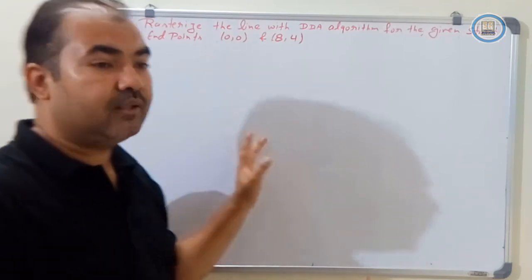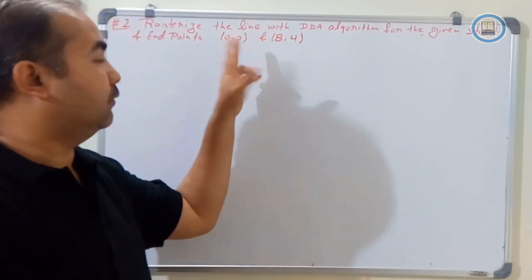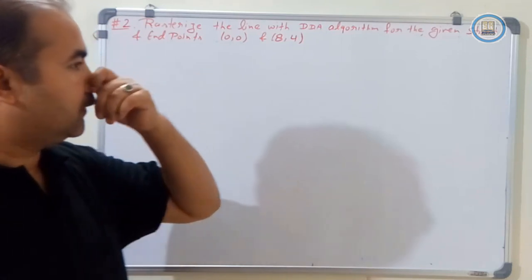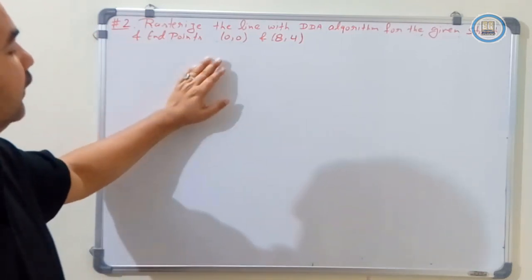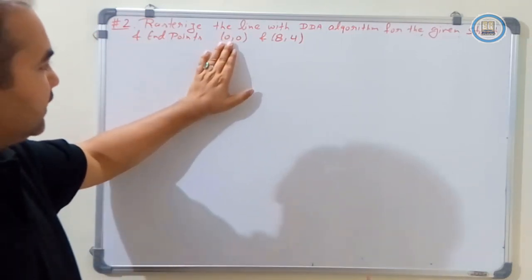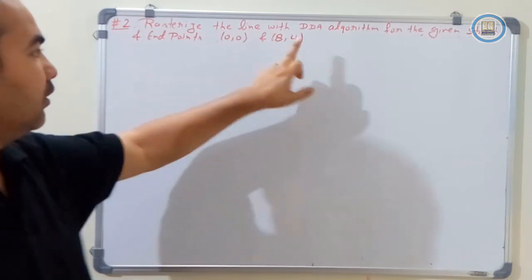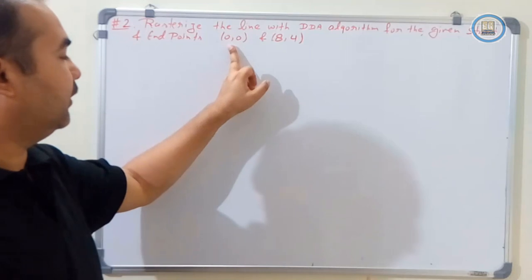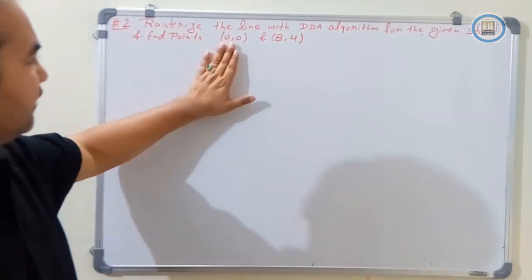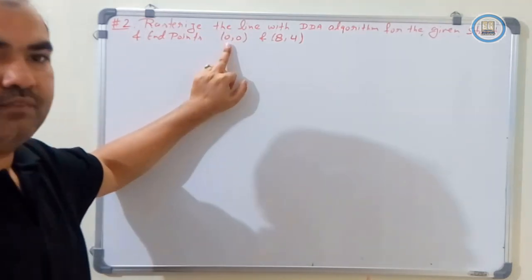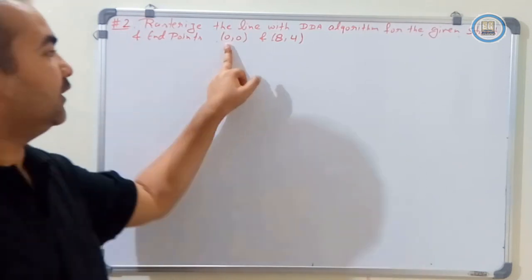Remember that in DDA algorithm we cannot interchange these values. We have to stick to the things, that is, if it is given as the starting point, we will start 0 0 as the starting point. We cannot start from this point or this point. So what is given to us, we will start as it is. We cannot interchange the values.